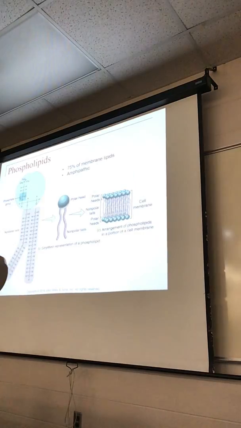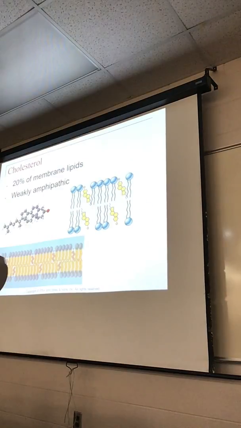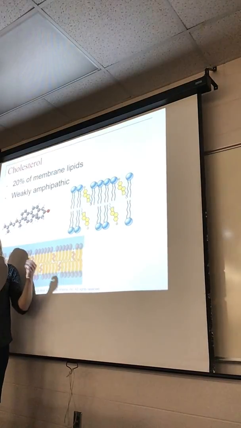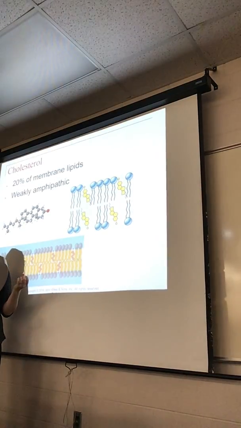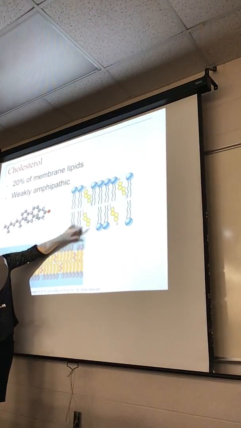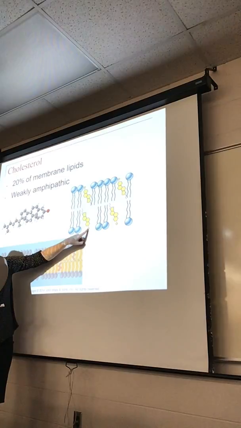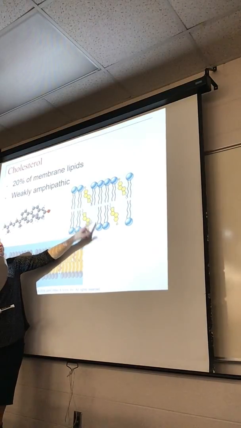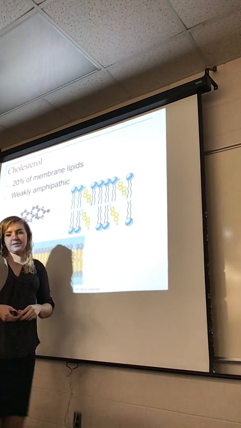Notice that some phospholipids will have a non-polar tail that has some kinks in it, so it tends to sandwich between them. And here's a little bit better view. It shows some big spaces where you can see how the cholesterol molecules fit in with the plasma membrane. Here you've got your non-polar part, and making it weakly amphipathic, you have this polar part, this hydroxyl group, that interacts with the heads.